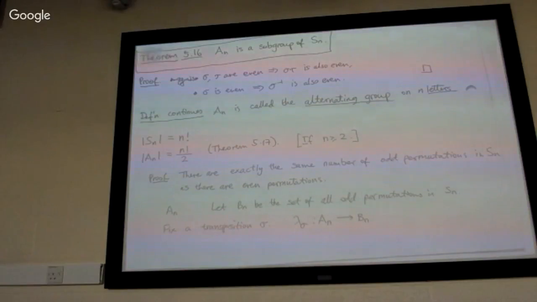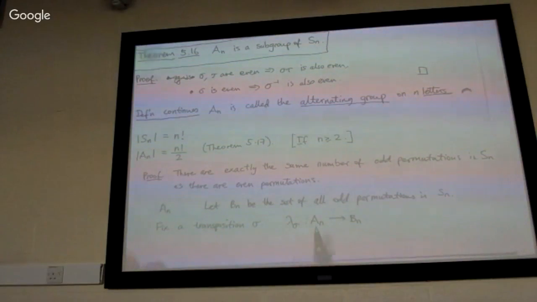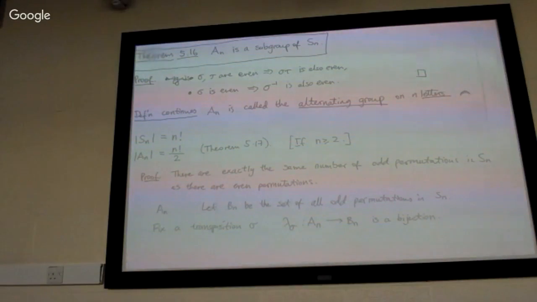Okay, so this is indeed a mapping that goes from even to odd permutations, and it's a bijection, as question 27 tells us. End of proof. In question 27, this lambda whatever is always a bijection.